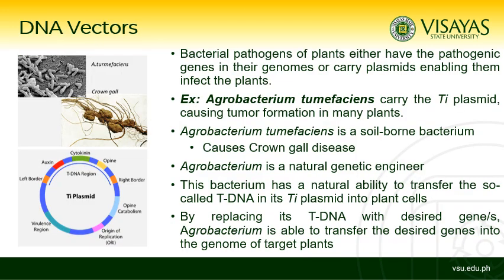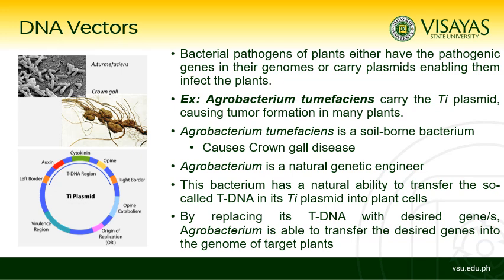Why are DNA vectors important? These cloning vectors are carrier molecules which can carry the gene of interest into a host and replicate there along with the gene of interest, which makes multiple copies of the DNA.